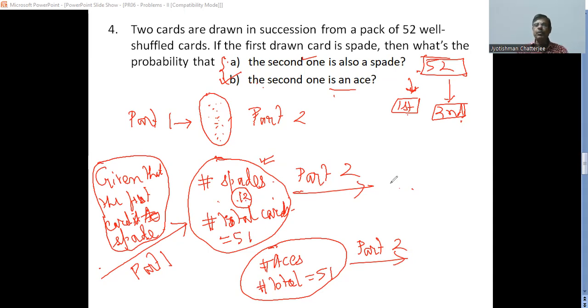So after part 2, the answer for question A must be equal to 12 by 51. I'm emphasizing the term configuration, because this configuration does not depend on the exact choice made in part 1, the final answer will also be equal to same 12 by 51.